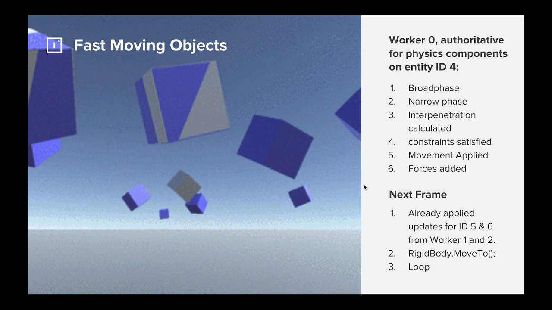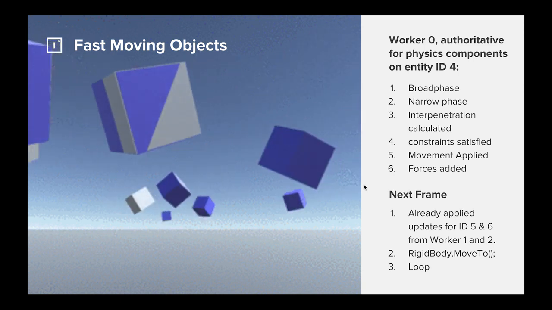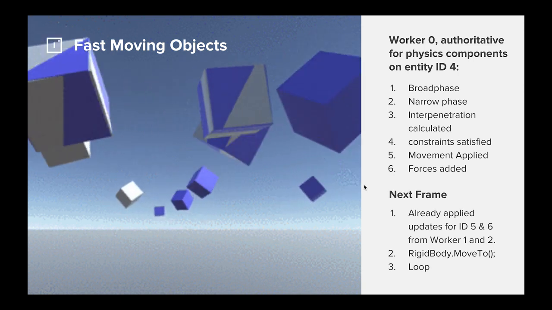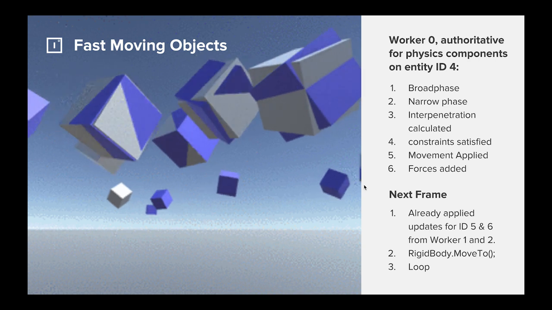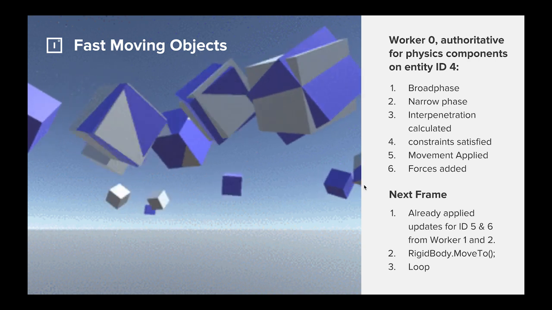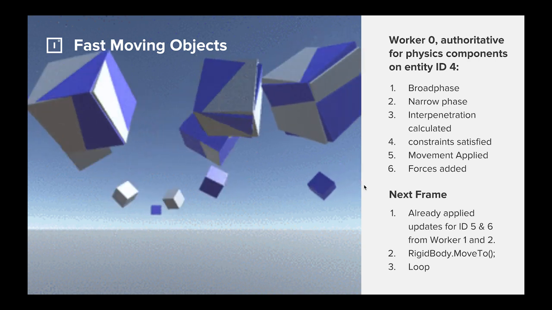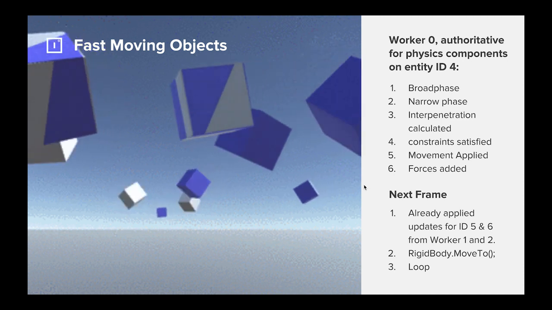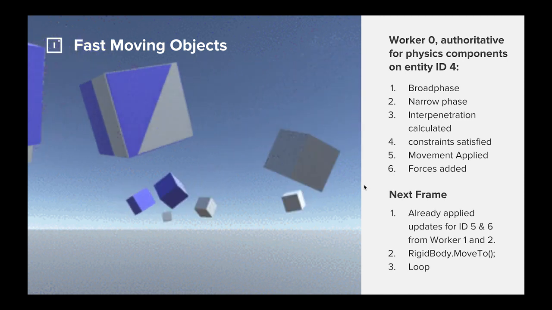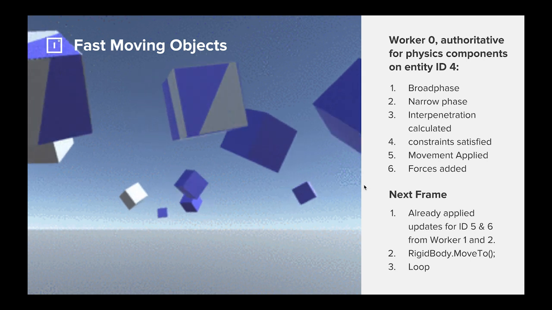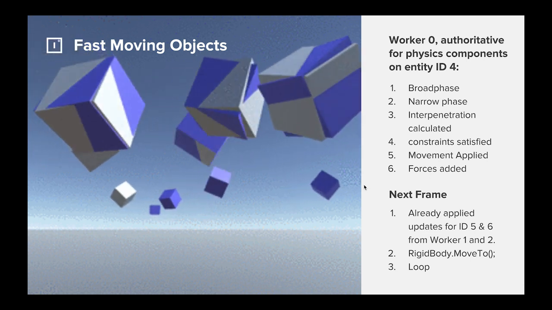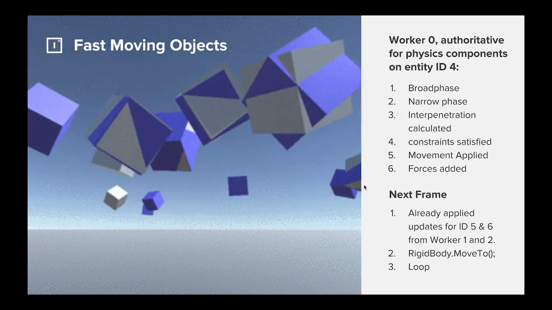So workers 2 and 3 can now say, oh, well, I calculated the collision and it looked like this, the other process said it looked like this, so I'm just going to rewind and make it look like that. So you're never more than a frame or 2 out of sync, which means that you don't have to adjust rigid body definitions. You can just use simple implementations like rigidbody.move2.